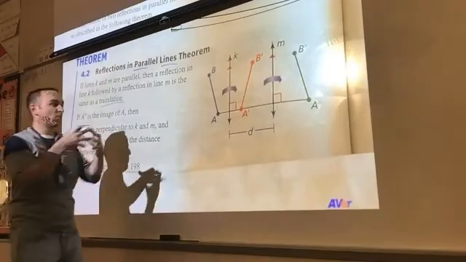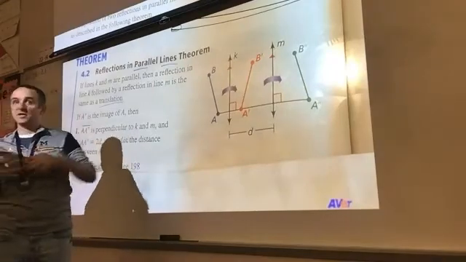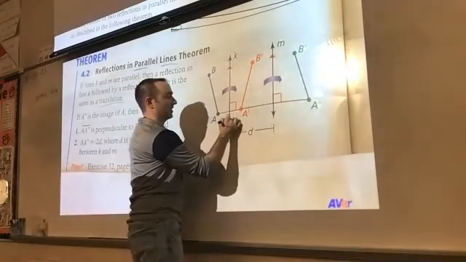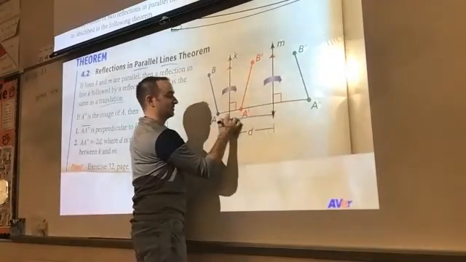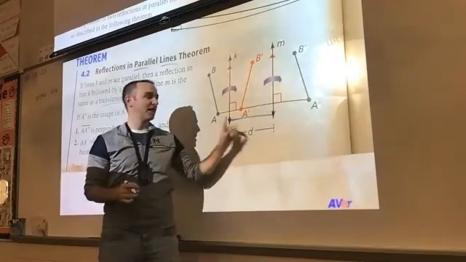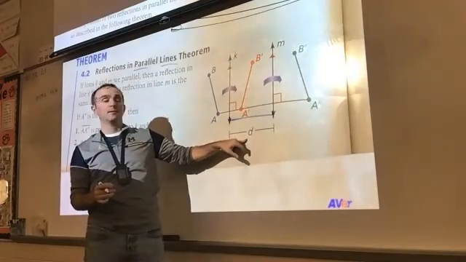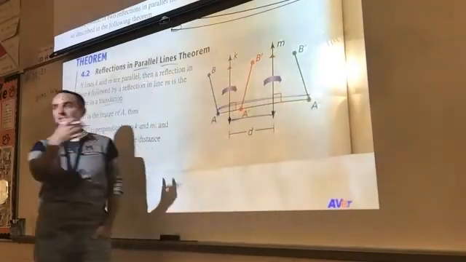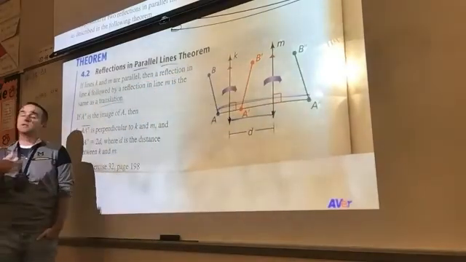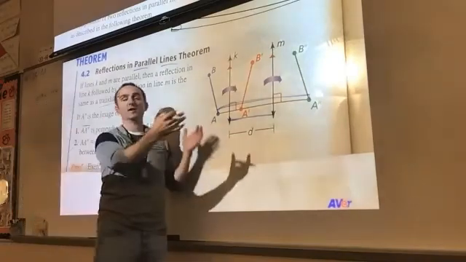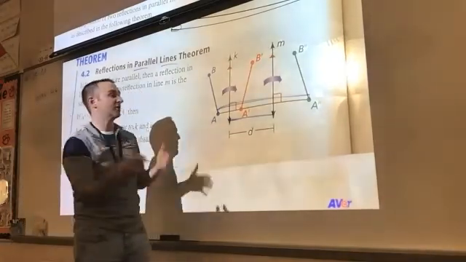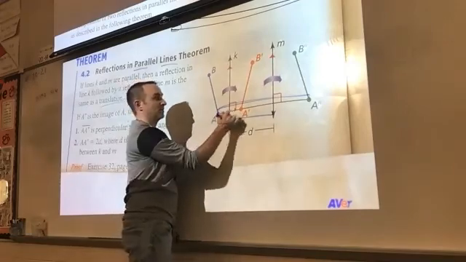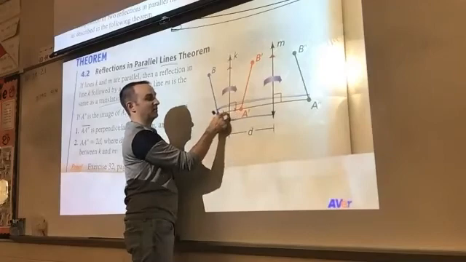What we need to know in terms of this problem is the relationship between this distance, the distance between my two lines, which they call D, and this distance, which is from A to A double prime. We need to know the relationship between those two things. Because these are reflections, these two segments are going to be congruent.